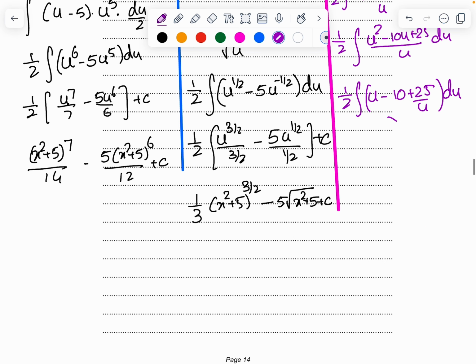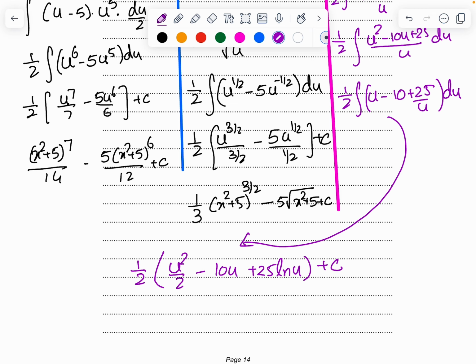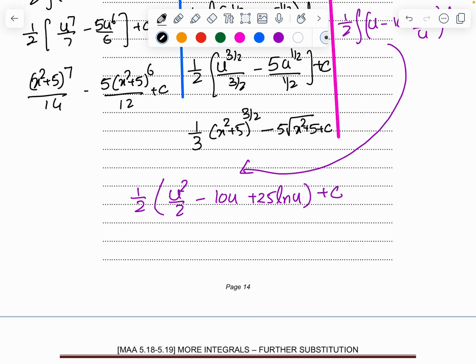So what will be the answer? 1 upon 2 u square upon 2 minus 10u plus 25 ln u plus c. And now what is the u value?